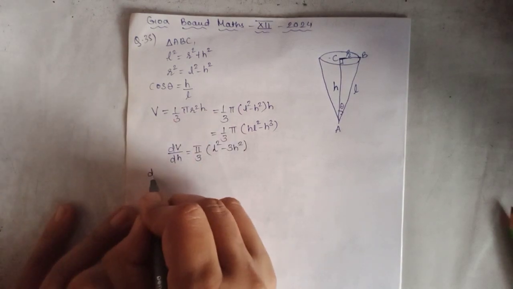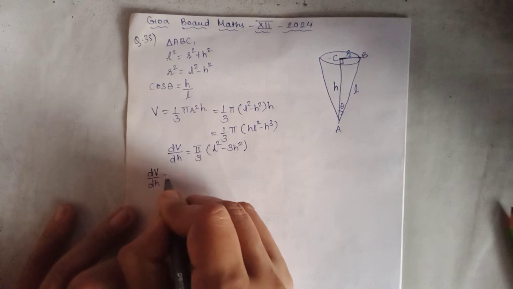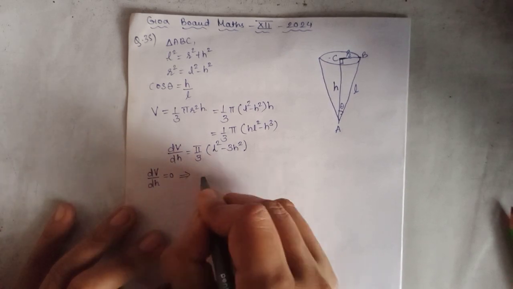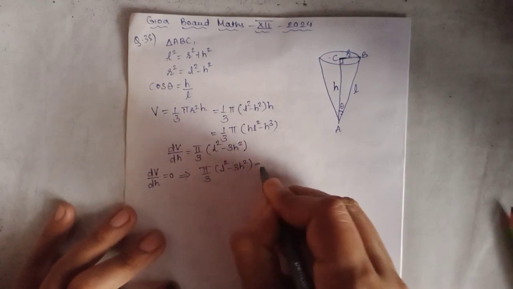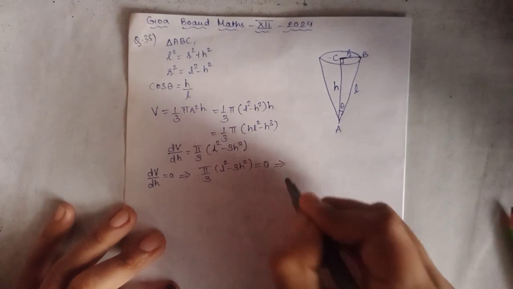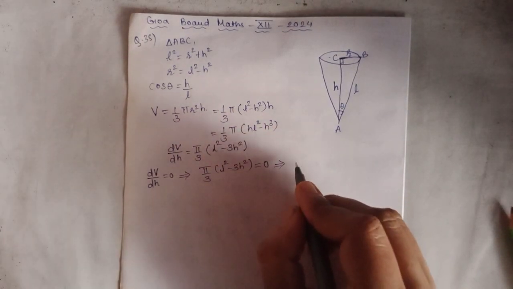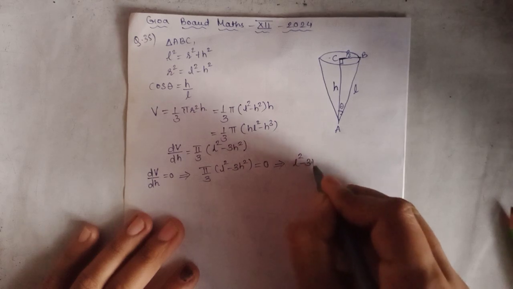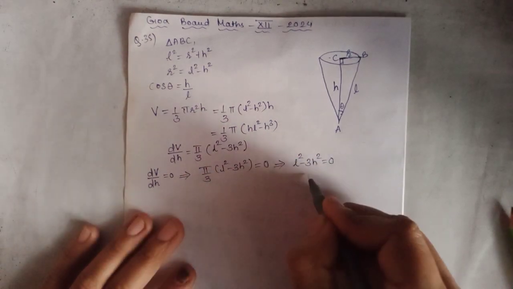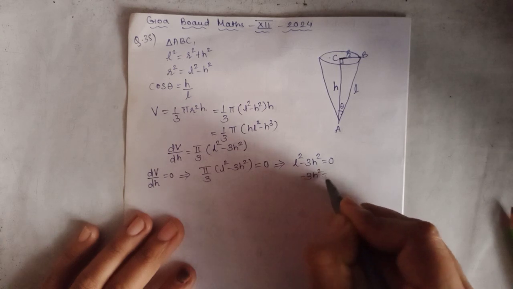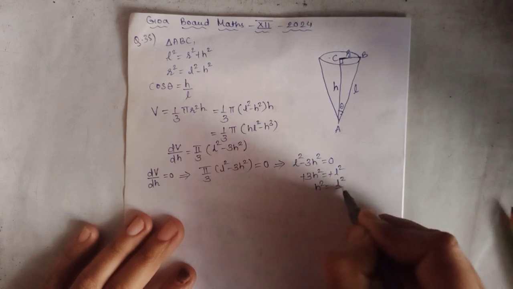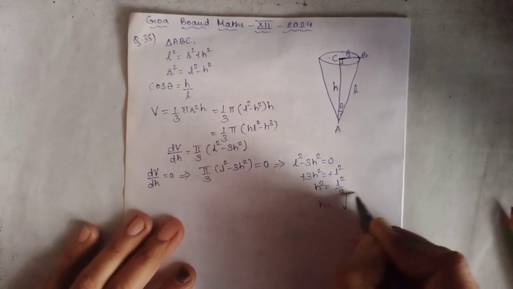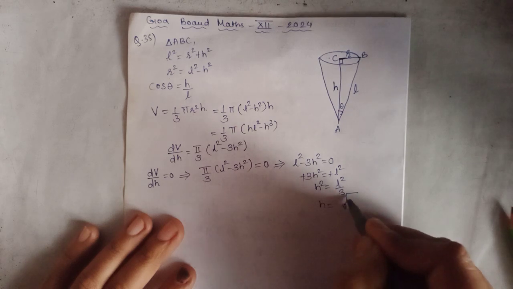Okay, so putting dv by dh equal to 0, we are finding the value of height. So this is L square minus 3H square equal to 0. So minus 3H square equal to minus L square. H square is L square upon 3. So H is L upon root 3, plus or minus.